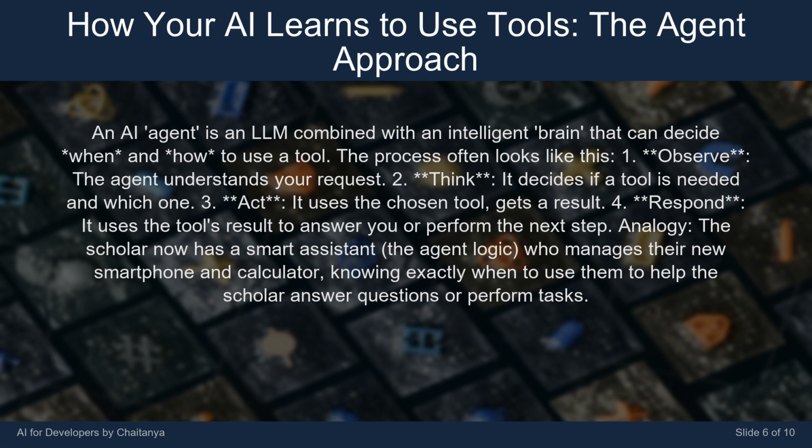It uses the chosen tool, gets a result. 4. Respond. It uses the tool's result to answer you or perform the next step. Analogy: the scholar now has a smart assistant, the agent logic, who manages their new smartphone and calculator, knowing exactly when to use them to help the scholar answer questions or perform tasks.